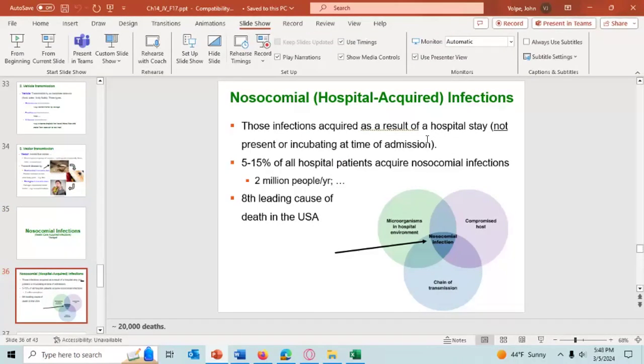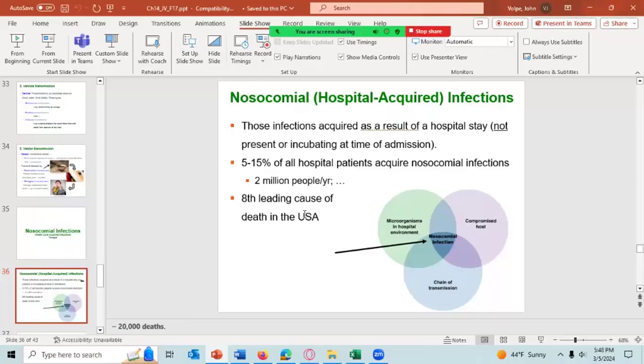About 5 to 15% of all hospital patients acquire a nosocomial infection in the United States. That's 2 million people per year, and about 20,000 deaths per year in the United States alone. This used to be the 8th leading cause of death in the US.